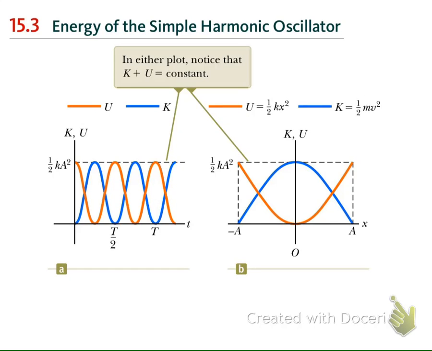In this section, we will discuss the energy of simple harmonic oscillation. In general, the kinetic energy of an object, K, is equal to half of mv squared. We are all familiar with this formula, but for simple harmonic motion, we know the value of v as a function of t.